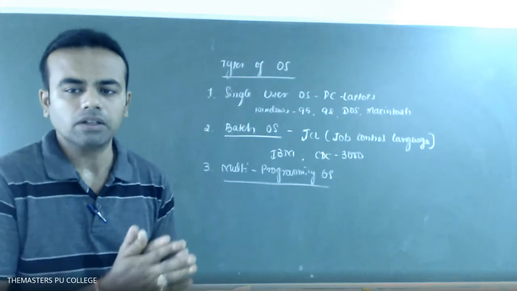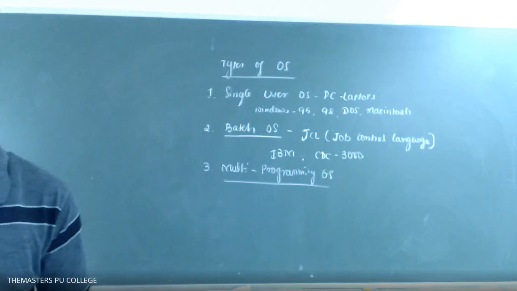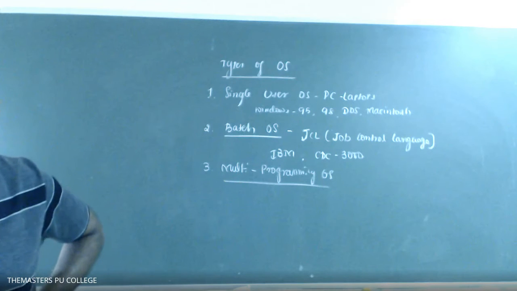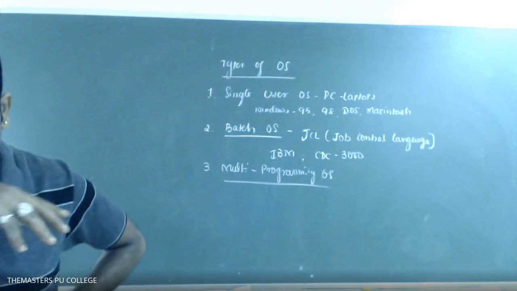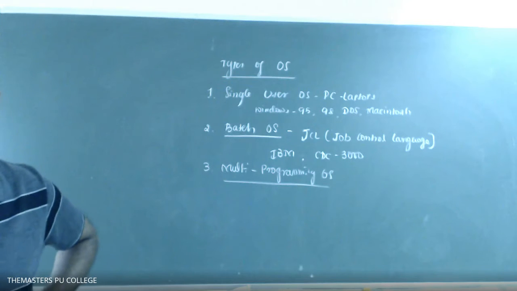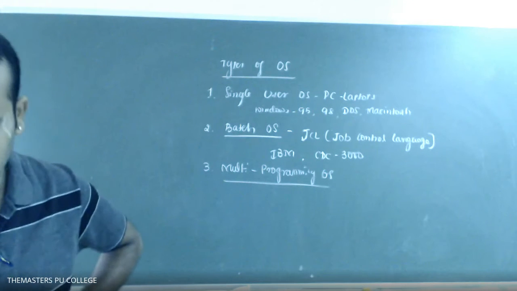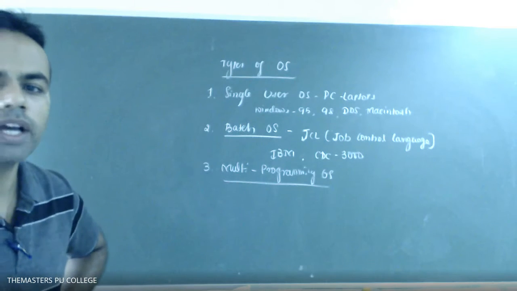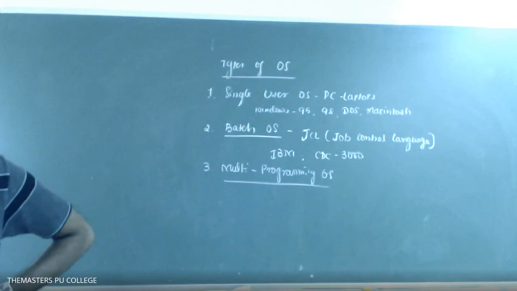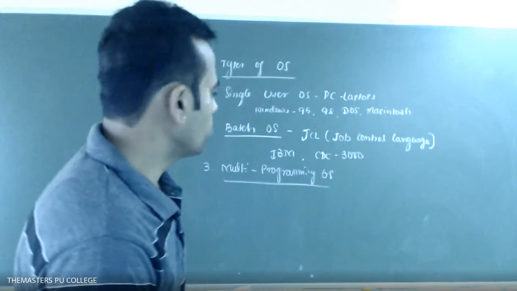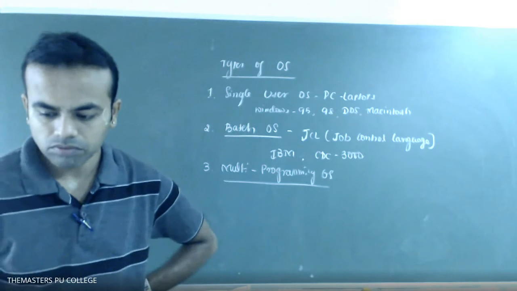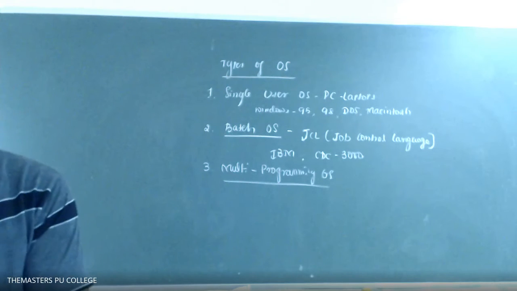A multi-programming OS has the capability to execute two or more programs in the CPU.